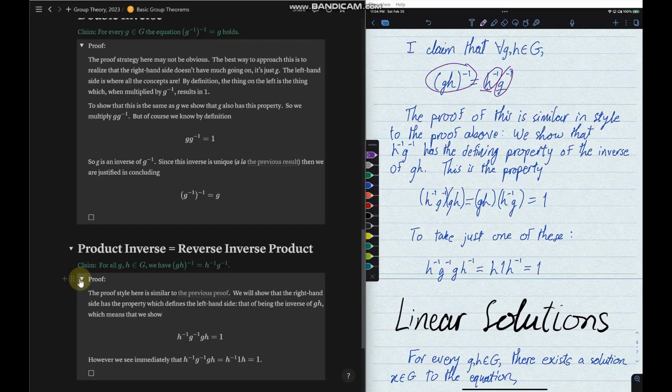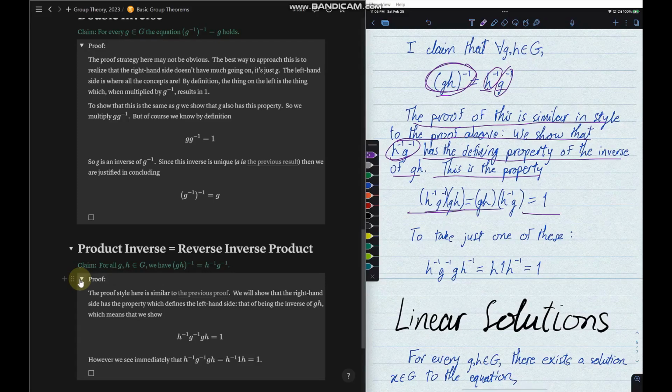The proof is similar in style to the previous proof, which is that we show that this thing has the property which defines the inverse of that thing, gh. So we show that it has the defining property of the inverse of gh. This is the property that if you product it with gh, you get 1. That's the defining property of the inverse of gh.